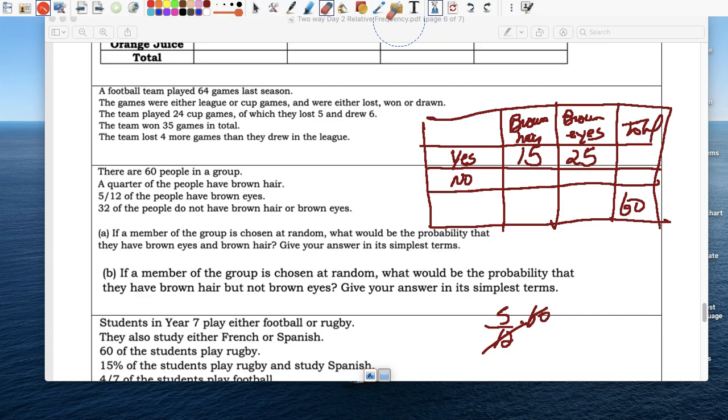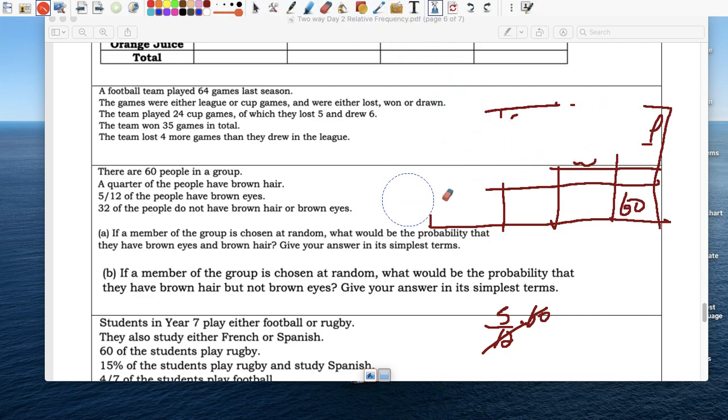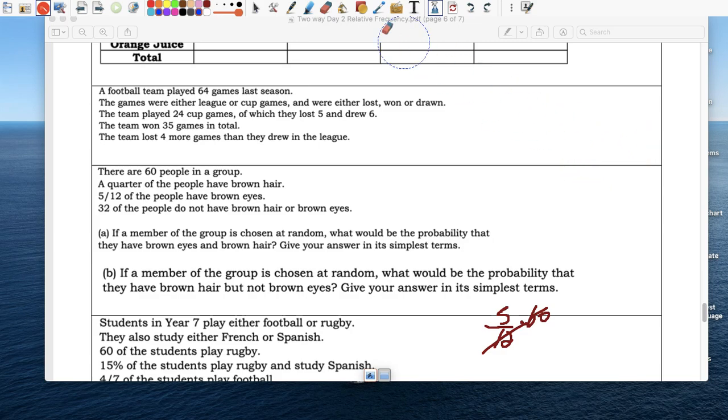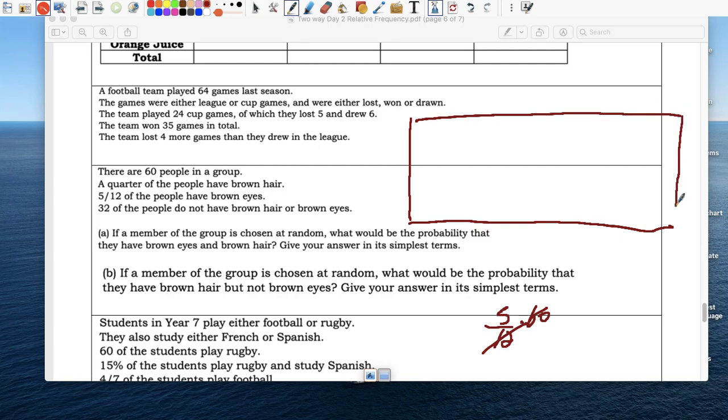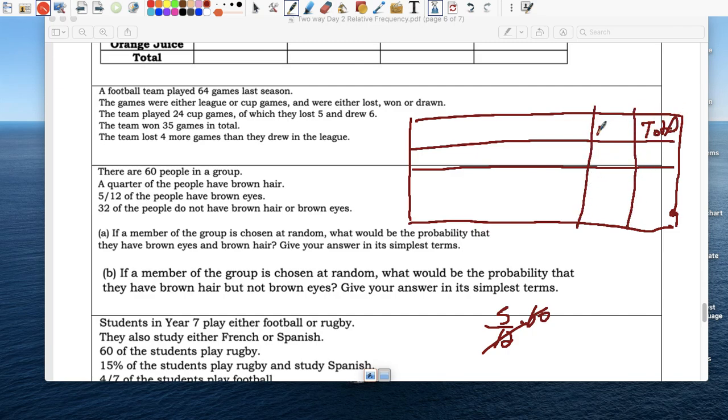I created this wrong. Sorry. So the categories are total. This is neither. This is brown hair. I'm going to write BH. And brown eyes, BE.